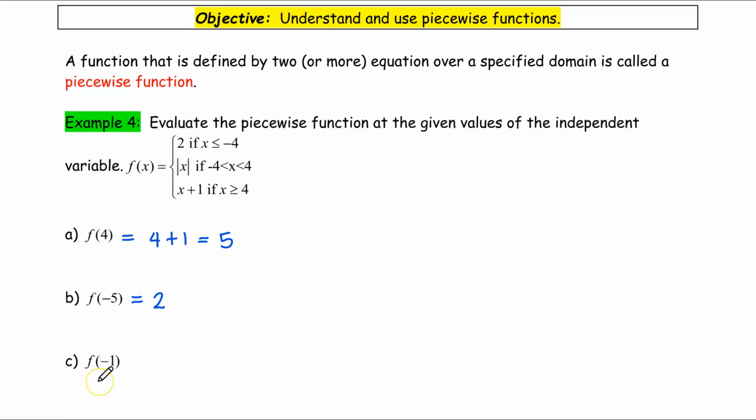Now f of -1. -1 is contained in this interval between -4 and 4, so the function is defined to be the absolute value of x. So this is just the absolute value of -1, which is 1. So f of -1 is 1.